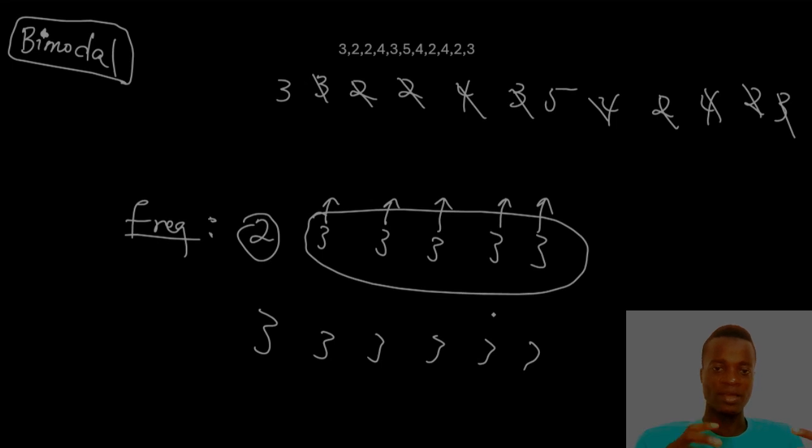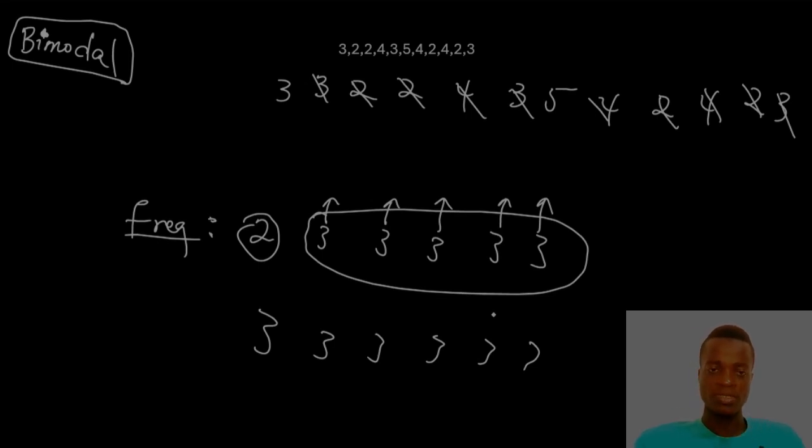So mode is concerned with the highest frequency, the elements with the high frequency. We know that mode is the item, frequency is the count, the repeat. So you use the highest frequency to fetch the item that is associated with that highest frequency.